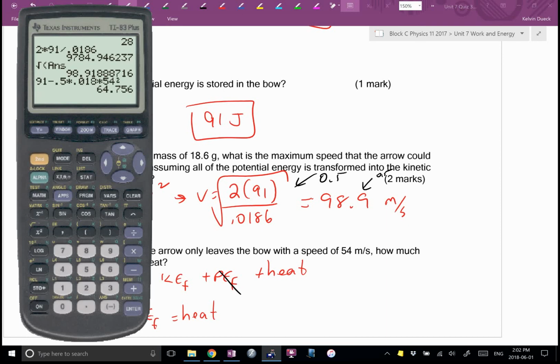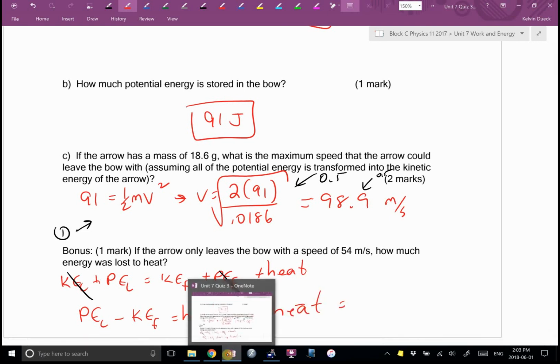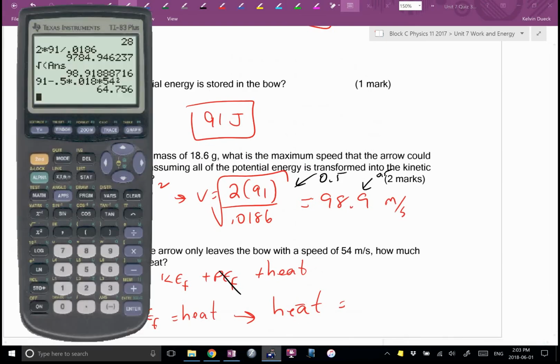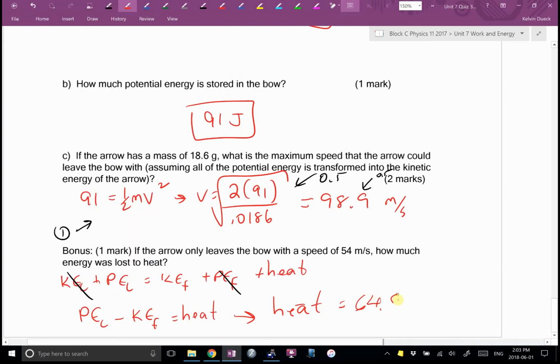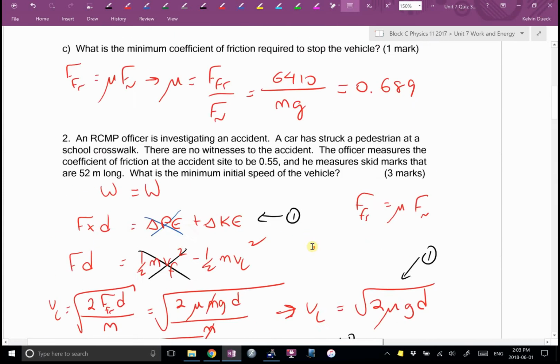Am I right? 64.8 joules to heat. That's a quiz on a little bit of everything.